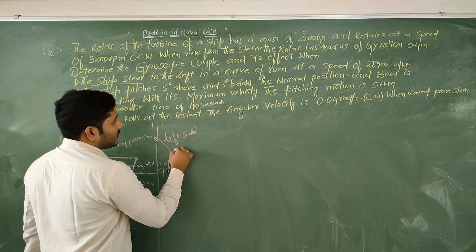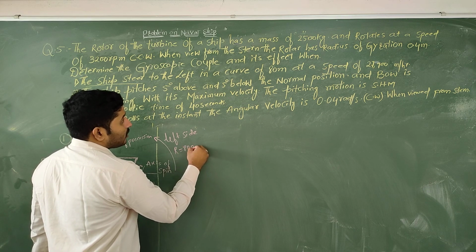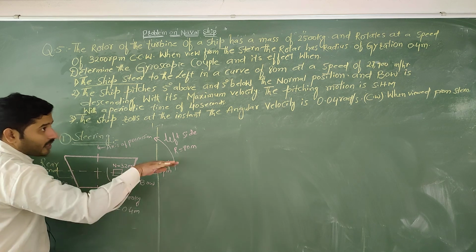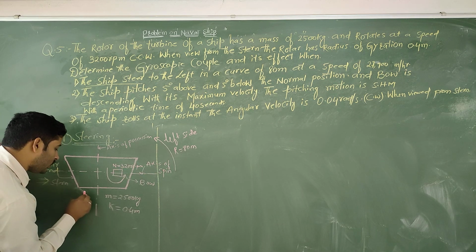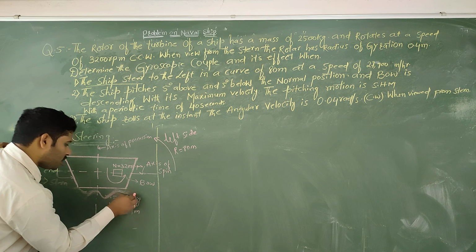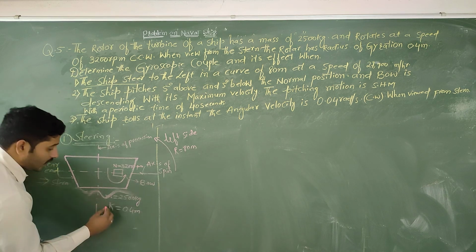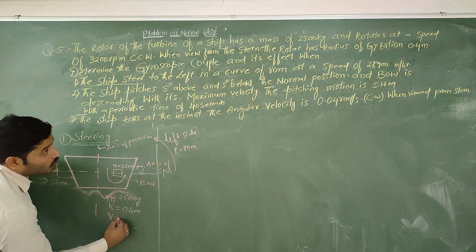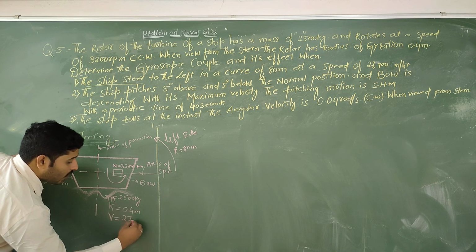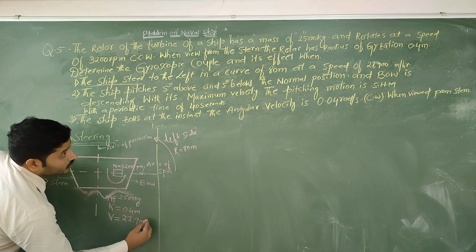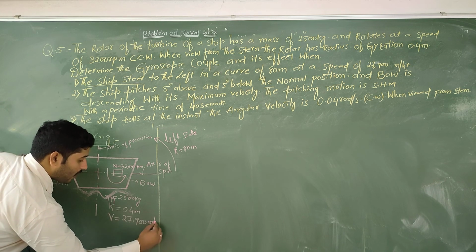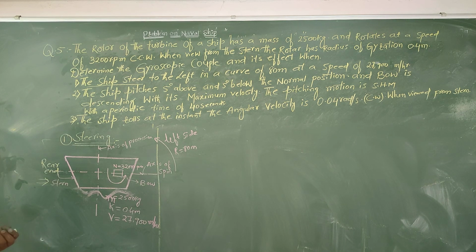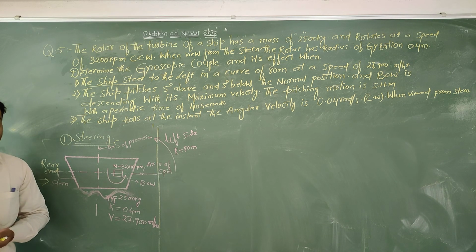The radius is 80 meter and the speed of the ship on the surface of the water is V equal to 27,900 meter per hour.